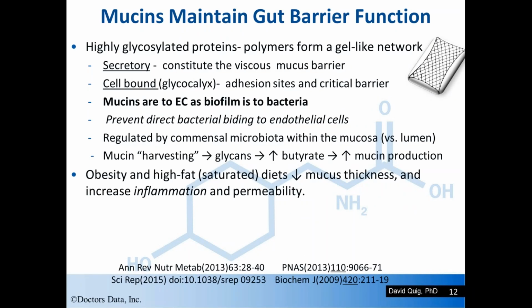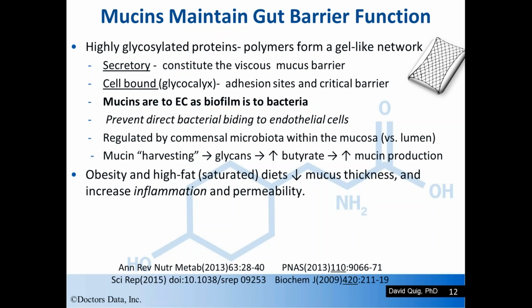Now, mucins are absolutely essential for the integrity of gut barrier functions. Mucins are highly glycosylated proteins that form polymers via their sulfhydryl binding, via their cysteine residues. And these polymers form a gel-like network.